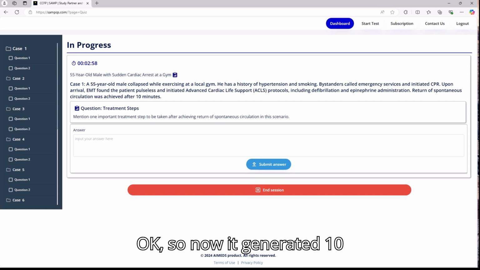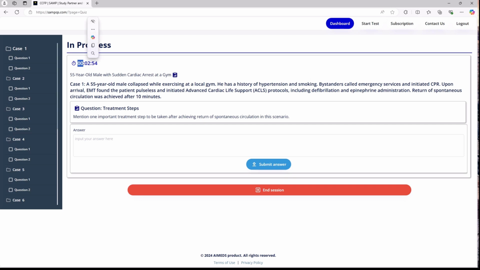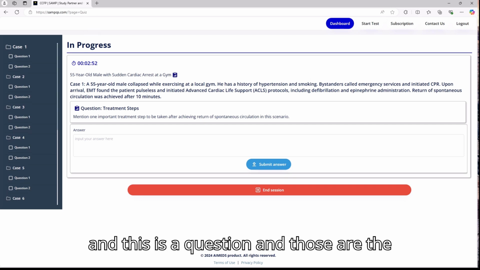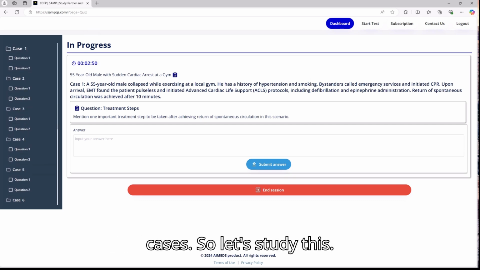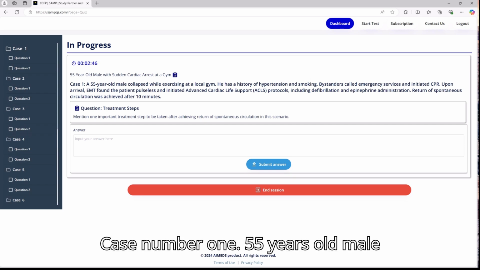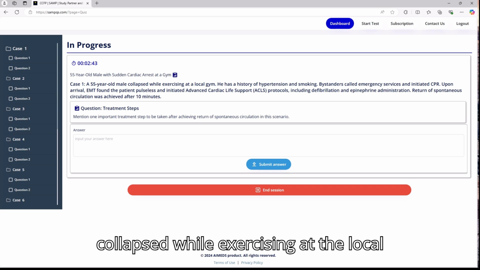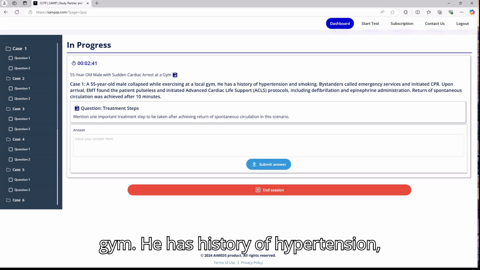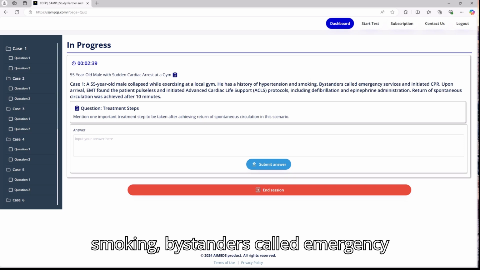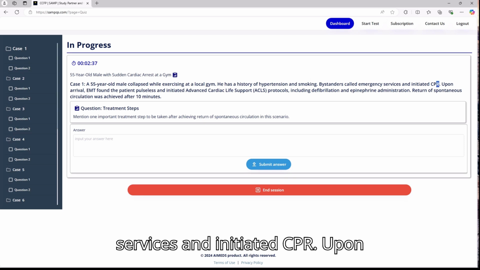Okay, so now it generated 10 cases, and there is a timer here, and these are the cases. So let's study this. Case number 1: a 55 years old male collapsed while exercising at the local gym. He has a history of hypertension and smoking. Bystanders called emergency services and initiated CPR.